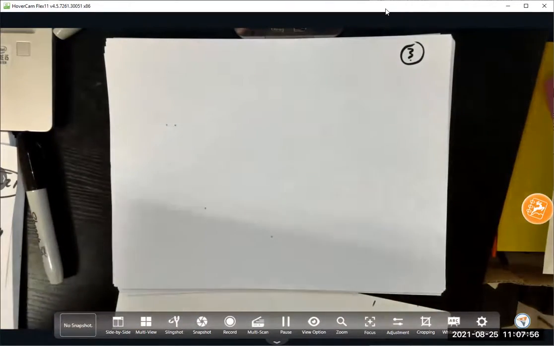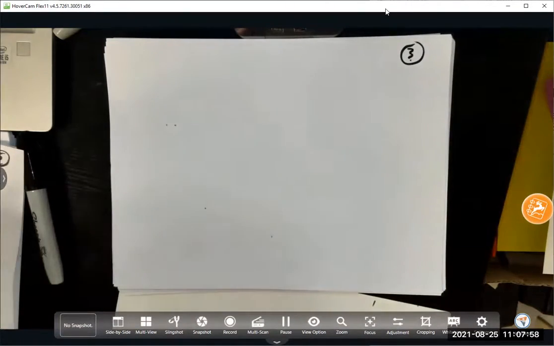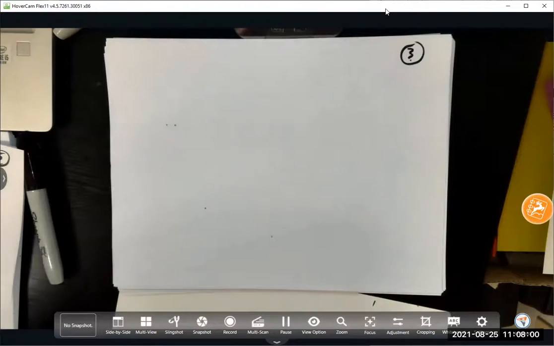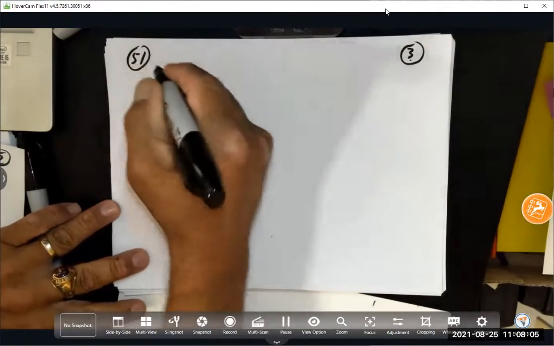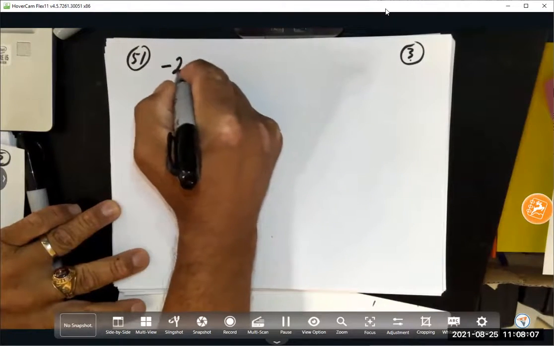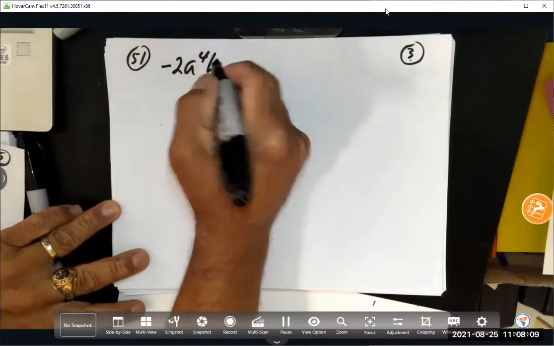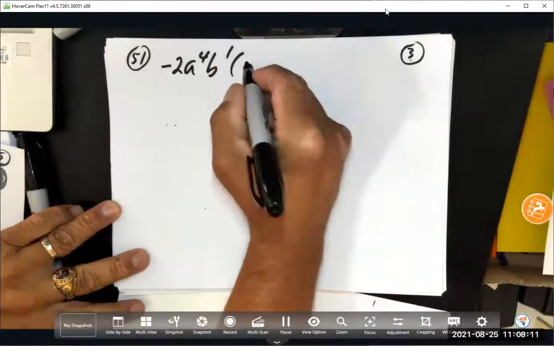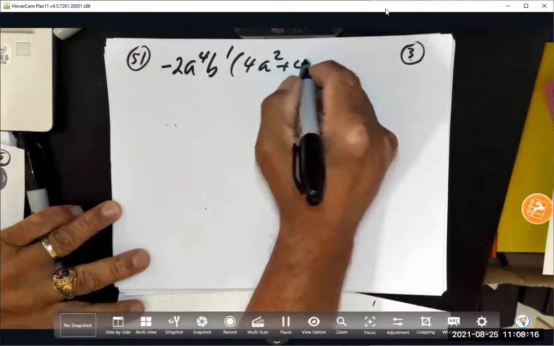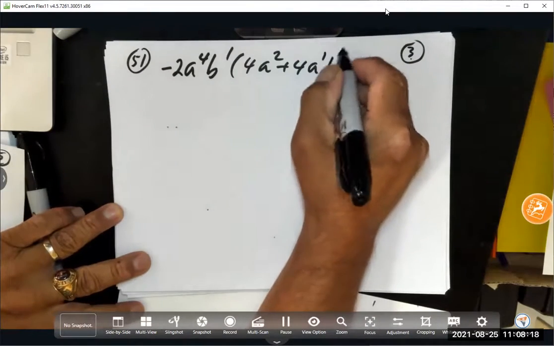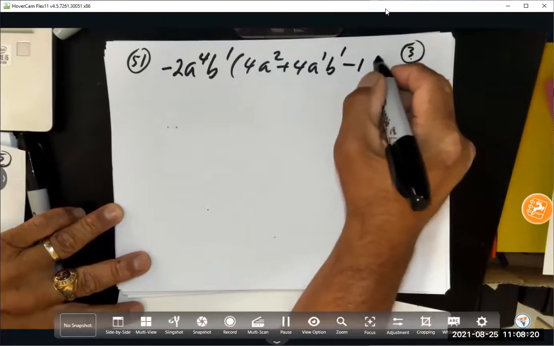I'll try to get to number 80 today, hopefully. All right. Next one, number 51. Negative 2a to the 4, b to the 1 times 4a squared plus 4a to the 1 b to the 1 minus 1 b to the 4.